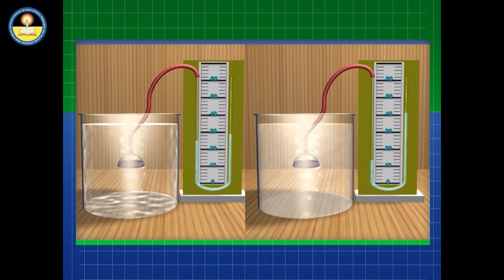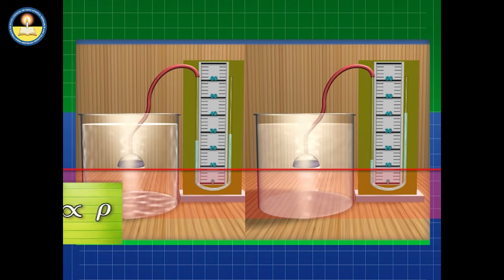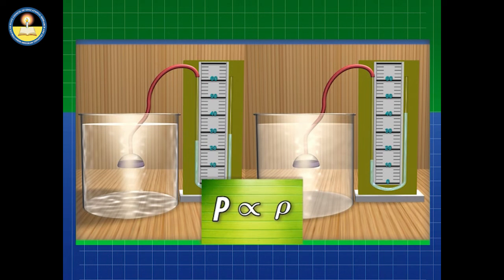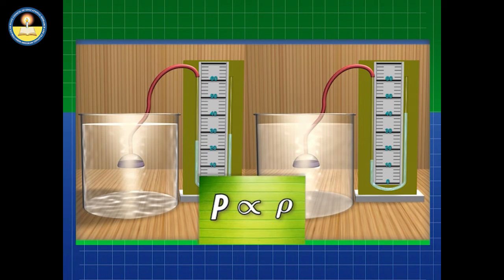If we keep the manometer funnel at the same depth in the 2 beakers, it can be seen that the pressure is different in both the cases. That is, it depends on the density of the liquids, or higher the density, higher is the pressure.